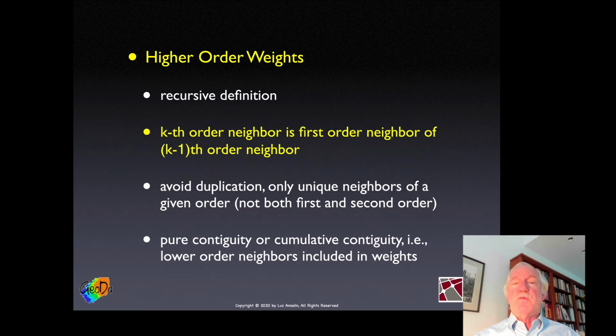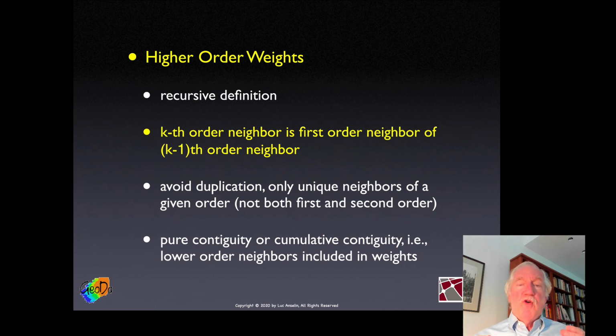And an observation that's 1 year ago cannot also be 2 years ago. In space, it's different. An observation that's a first order neighbor, meaning 1 year ago, in quotes, can also be a second order neighbor. So it's both 1 year and 2 years away. That's not good. For some analyses, that's terrible. For other analyses, it's not such a big deal.